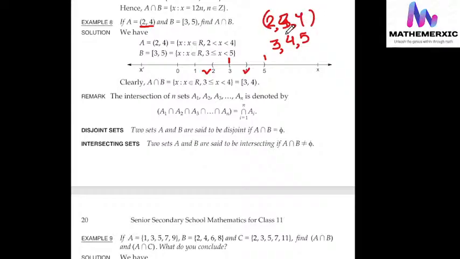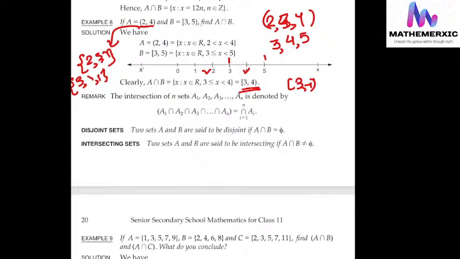That is the reason why 2 comma 4 is an open bracket. Because this is an open bracket, the elements will be 2, 3, and 4, and the elements of the other will be 3, 4, 5. So 3, 4 is the answer here, and I can write like this. That is correct.